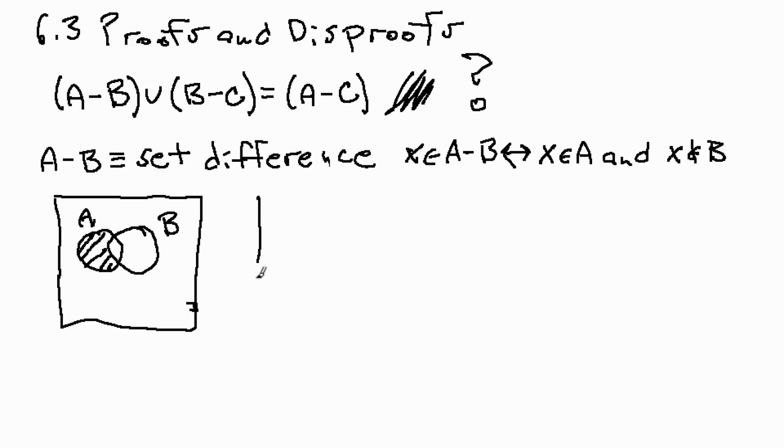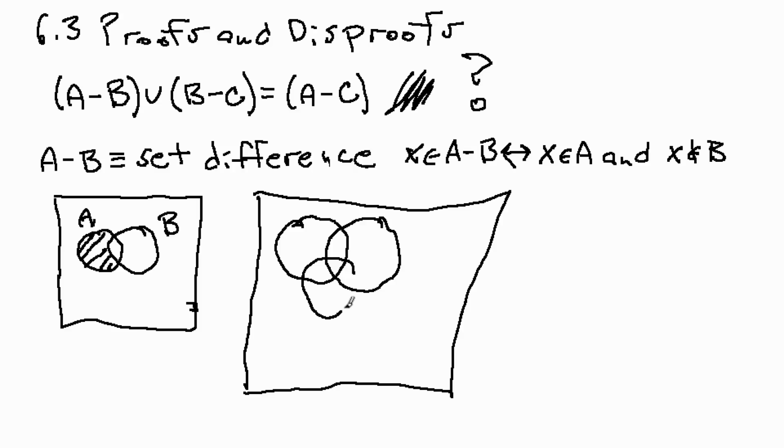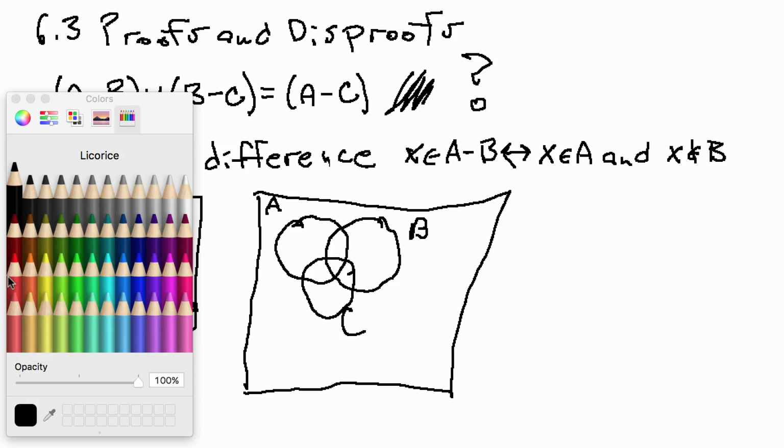If I come over here, and if this is A, and that's B, and that's C. So here's A, here's B, here's C. And it might be a good idea here to try a couple of different colors. So first of all, let's pick red.